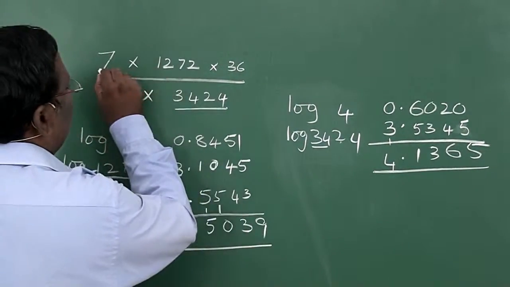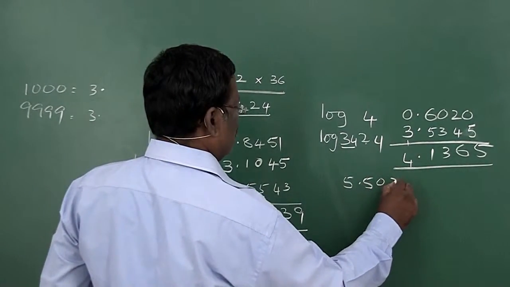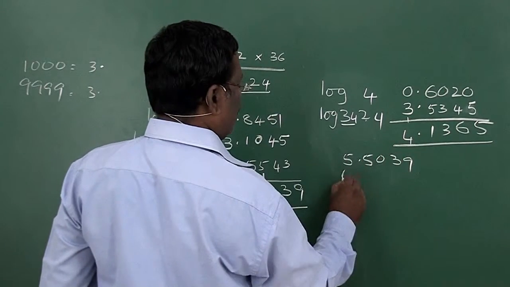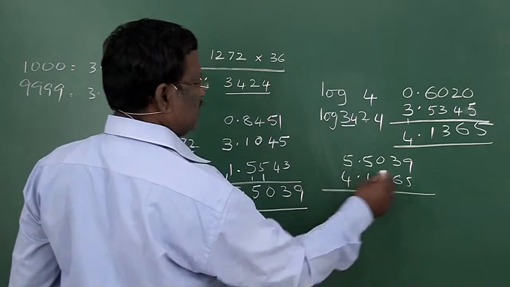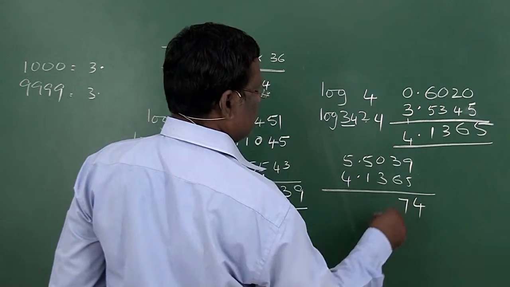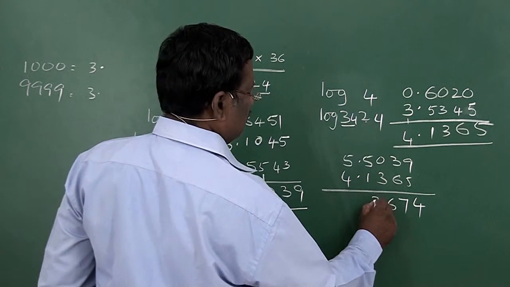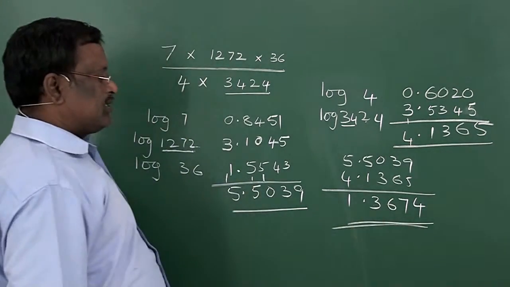So the log value of this product is 5.5039 and the log value of the denominator is 4.1365. Then subtract it. 1.3674.